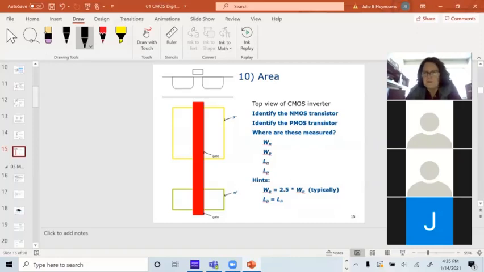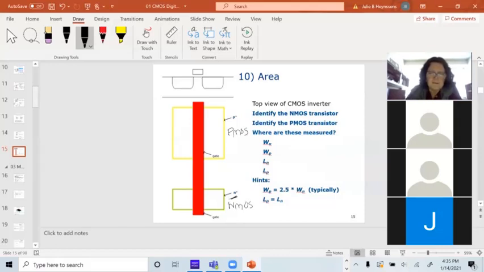The other thing that tips off that this is the NMOS transistor is the N plus diffusion down here. Remember, the NMOS had N plus diffusions, and you create an N channel in between them. So this is the NMOS, and this is the PMOS.